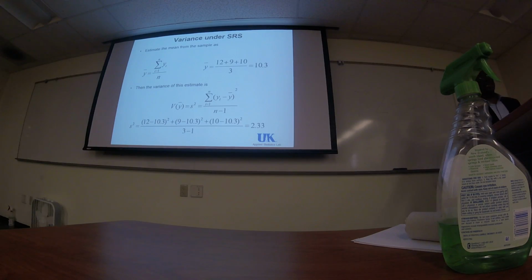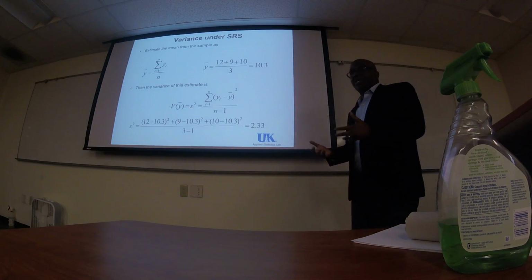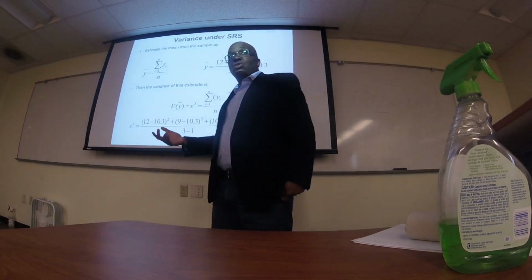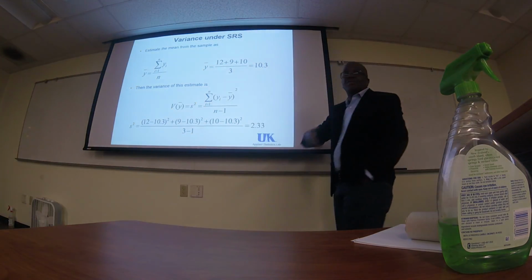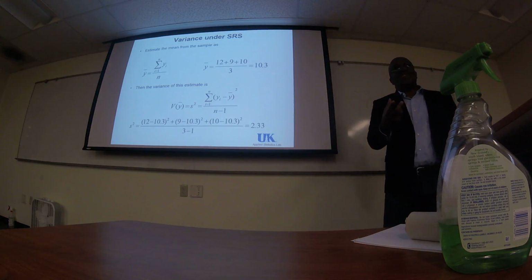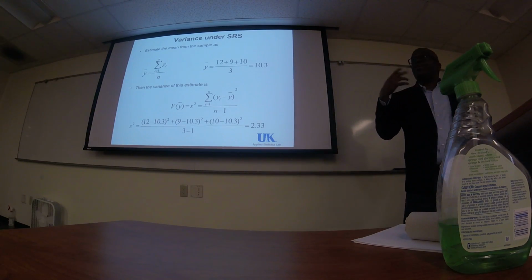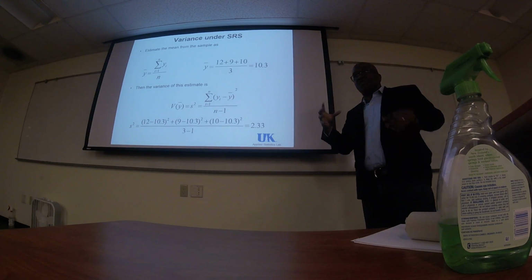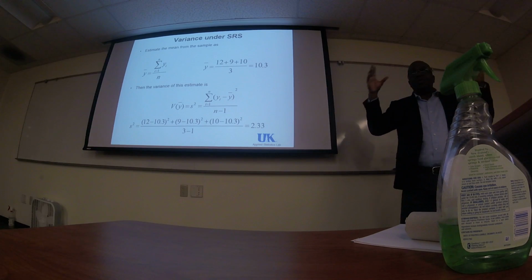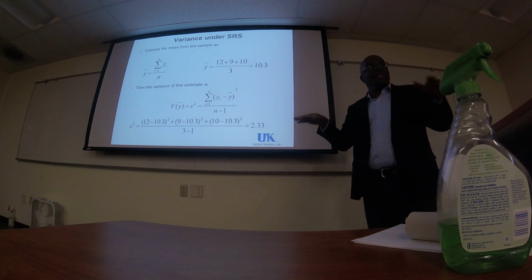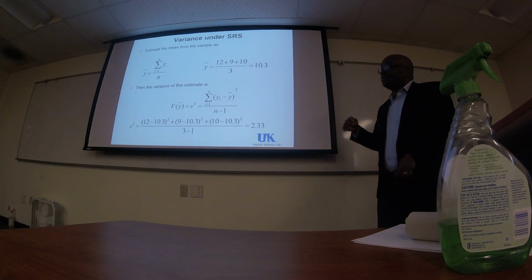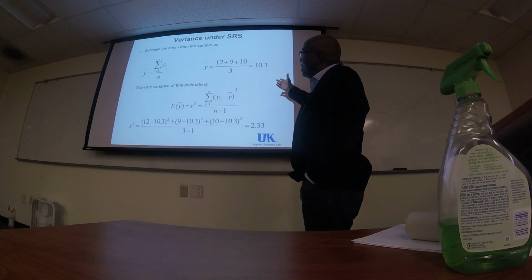You guys are familiar with this. This is part of our statistical course. If we have a sample, we assume the sample was drawn using simple random sampling. The mean is only the sum of the outcome for each element divided by the number of observations that we have in our sample.